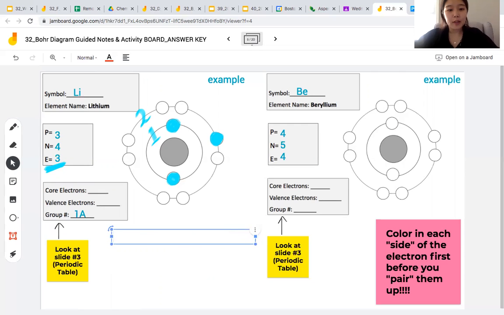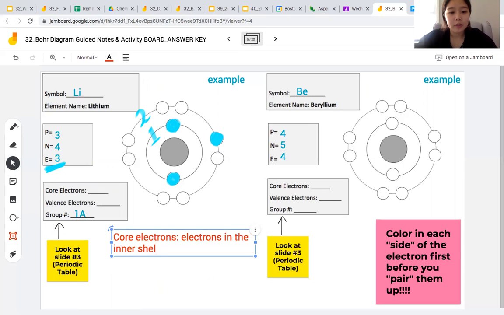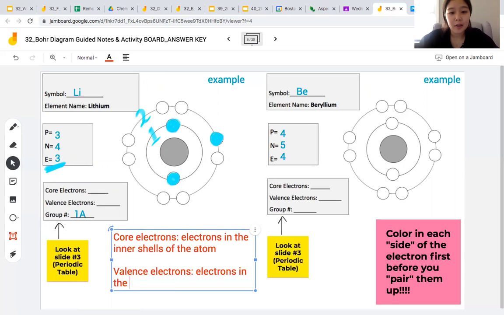So by core electrons, I mean the electrons in the inner shells of the atom. And valence electrons are the electrons in the outermost shell of the atom.